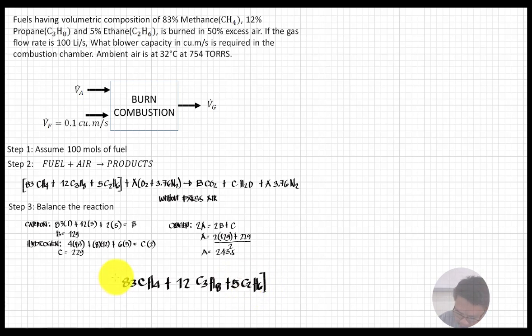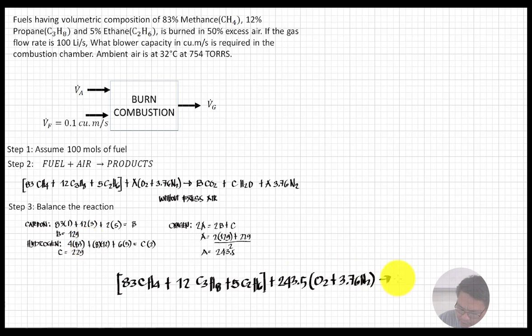This is our fuel. Then the value of your A, 243.5, will be multiplied to O2 plus 3.76 of your nitrogen.